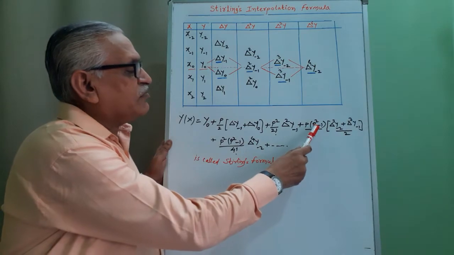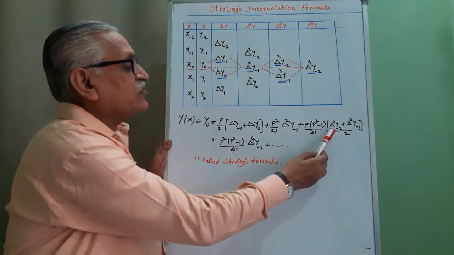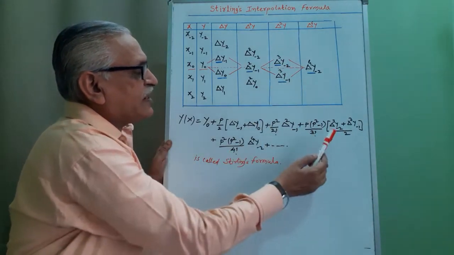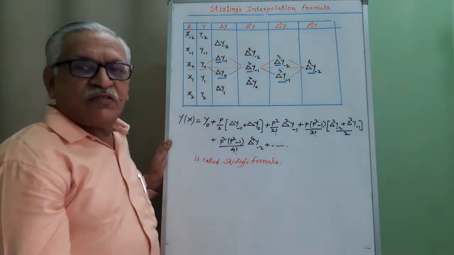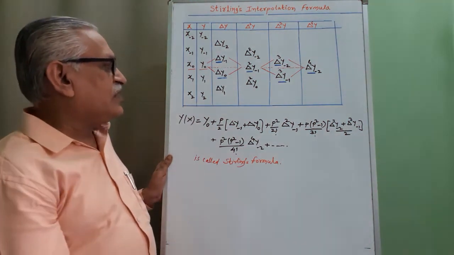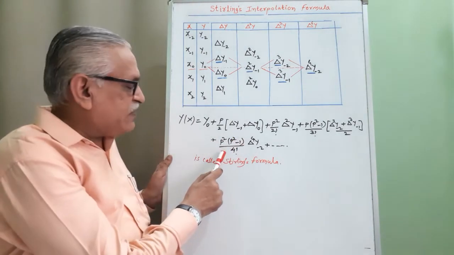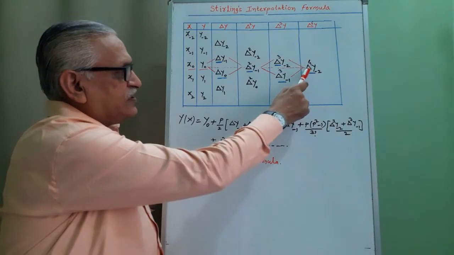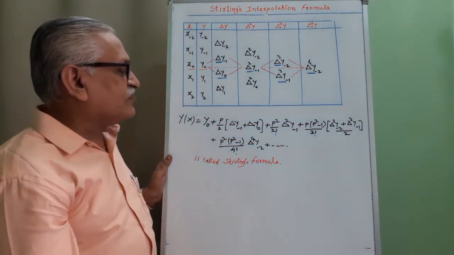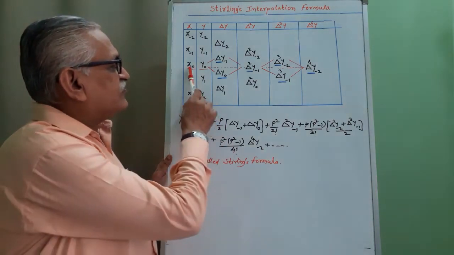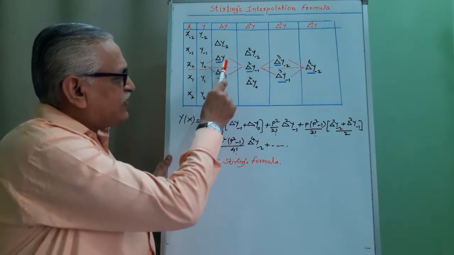Next, p multiplied by p square minus 1 by 3 factorial into the average of these two terms, that is del cube y minus 2 plus del cube y minus 1 by 2, and lastly p square multiplied by p square minus 1 divided by 4 factorial into del raised to 4 y minus 2, and so on. Therefore, we have to use these values y0, del y1, del y minus 1 and del y0.